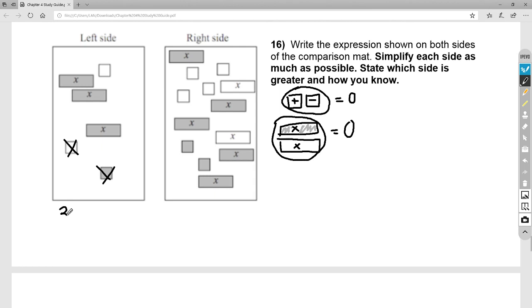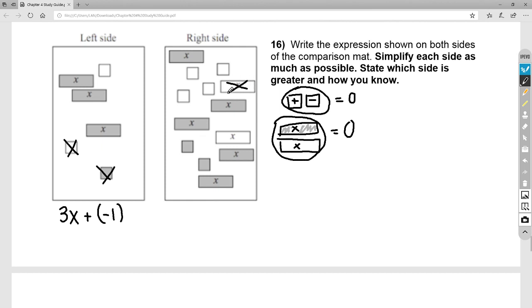I have 3 positive x's left, so that's 3x. Then I just have 1 of the white tiles. Remember, if it's blank, that represents negative. So what I have left here is 3 x's and 1 negative, so negative 1. 3x plus negative 1.